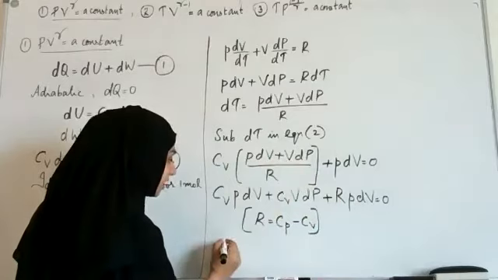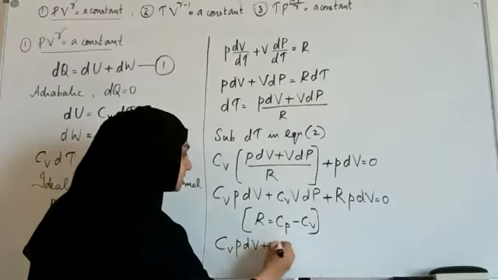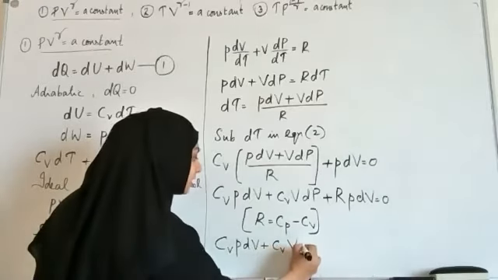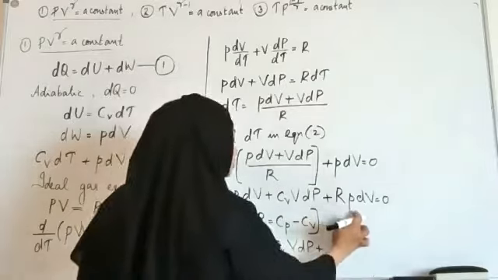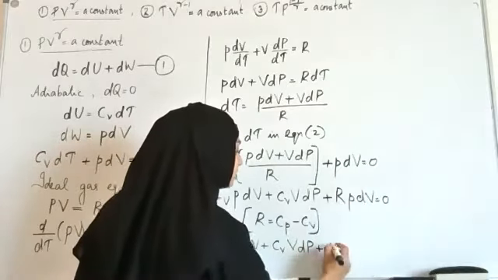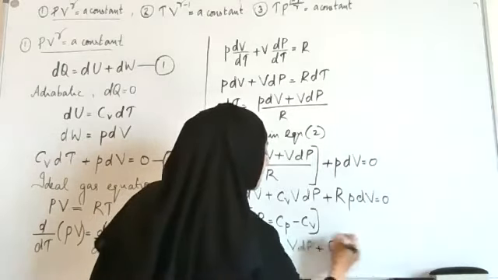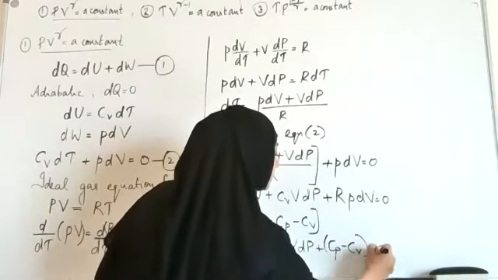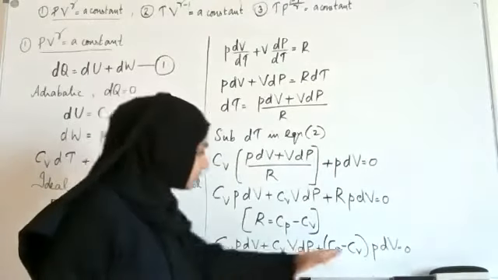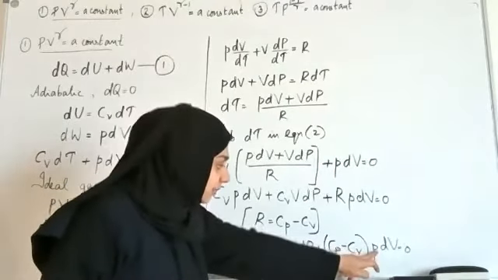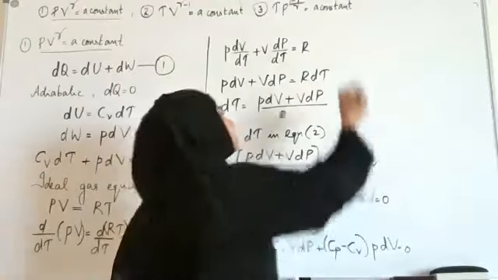So let's see what happens. Cv PdV plus Cv VdP plus, instead of R, Cp minus Cv times PdV equal to 0. Now I'm just going to expand this, multiplying Cp and Cv with PdV.